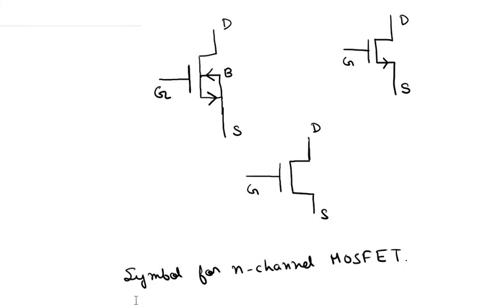Okay, so we'll now do some problems. We have this 10 volt source here, and we are connecting the MOSFET in the voltage divider biasing circuit. This is the same voltage divider biasing circuit that we have learned for the BJT.